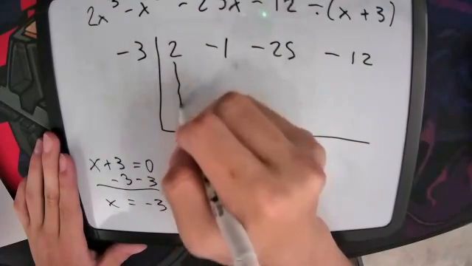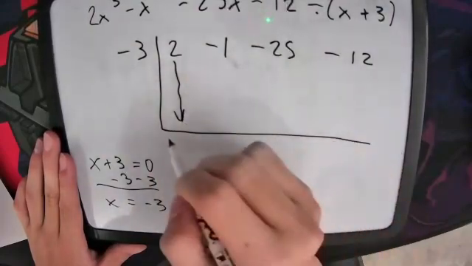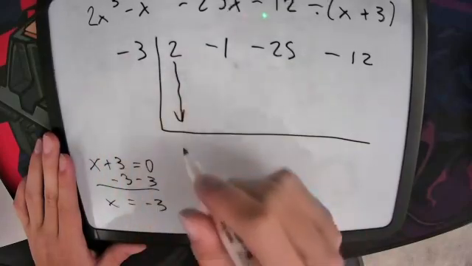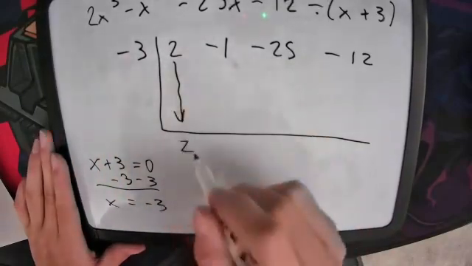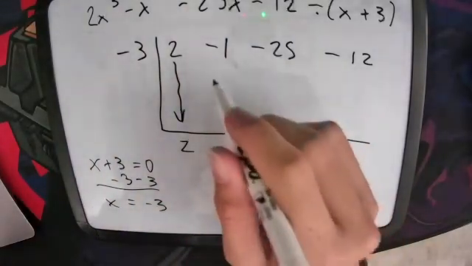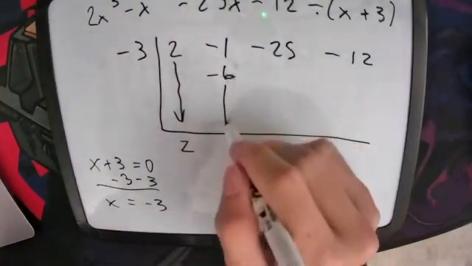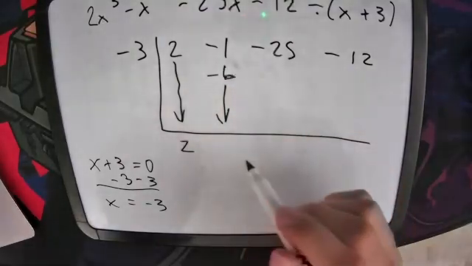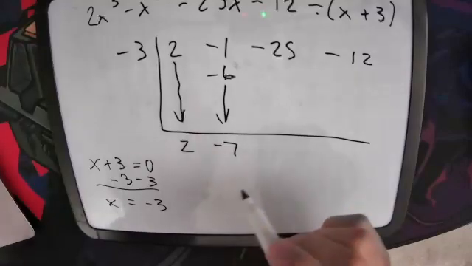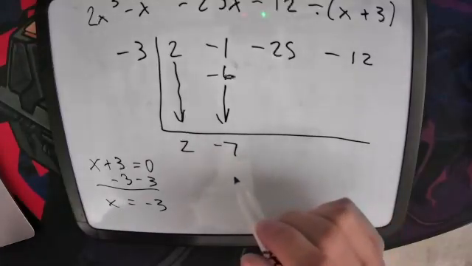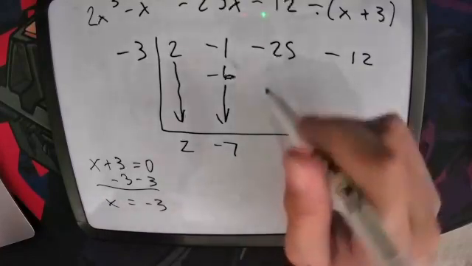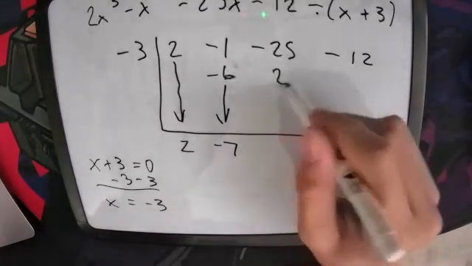We bring down the 2 once again because we're not multiplying anything. We don't multiply this value by anything yet because there's no value before that. So bring that down, multiply -3 and 2. So we have -6. We bring this down, -1 minus 6 is equal to -7. -7 times -3 is equal to 21.